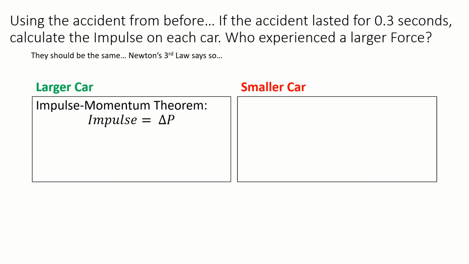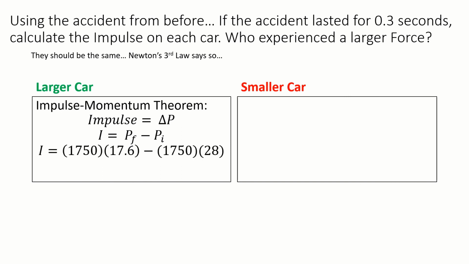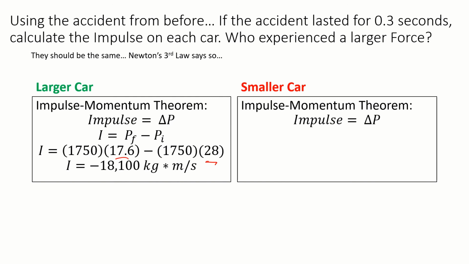So if I wanted to calculate the impulse of the green car, it's your change in momentum, all right? Final momentum minus initial momentum. The green car had 28 meters per second of velocity initially, and after it collided, its speed went down, right? It slowed down. So that's our value for our amount of impulse. That's our change in momentum. The red car, same setup, totally different numbers.